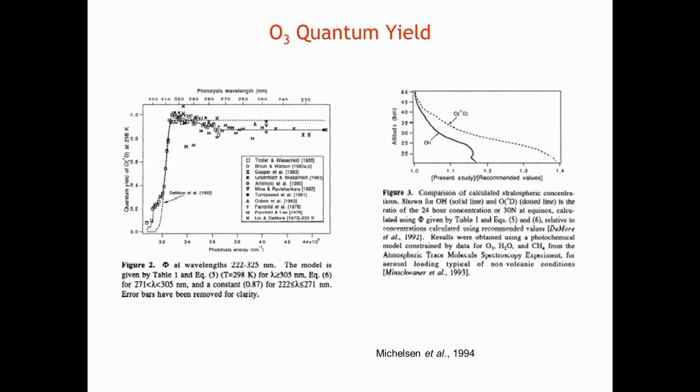So the ozone plus a photon, what's the product? O2? Okay. O singlet D and O2, plus O triplet P. Which one's the high energy?